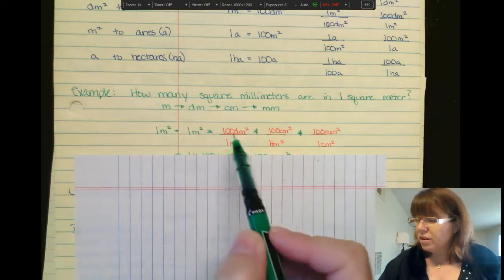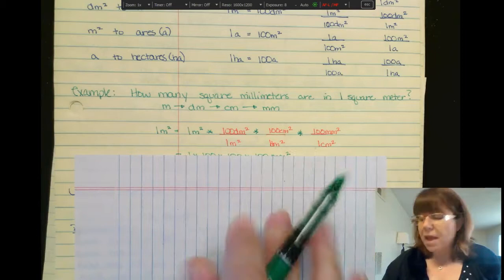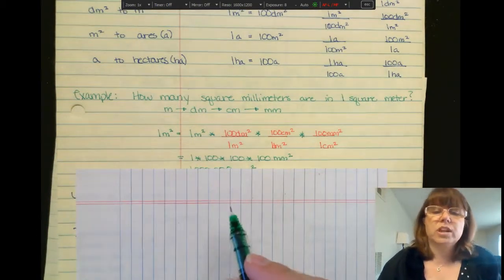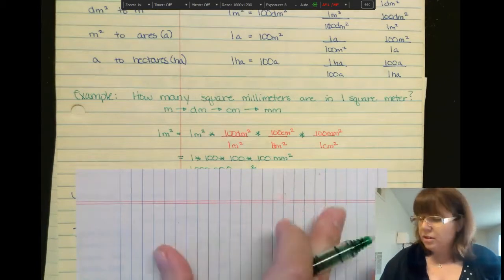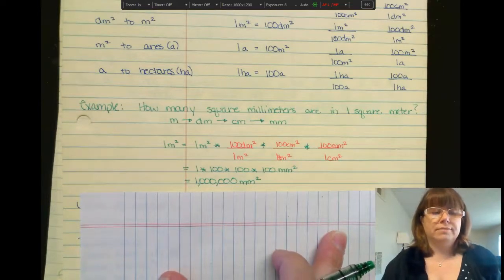The meters squared, the decimeters squared, and the centimeters squared will all drop out, leaving me with 1 times 100 times 100 times 100 millimeters squared, or 1 million millimeters squared in 1 meter squared.